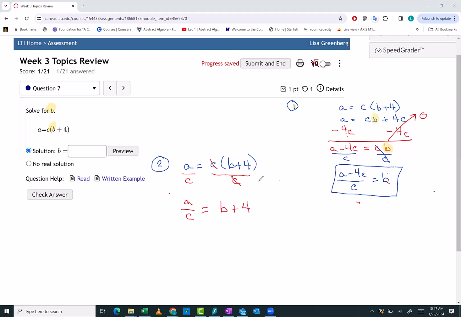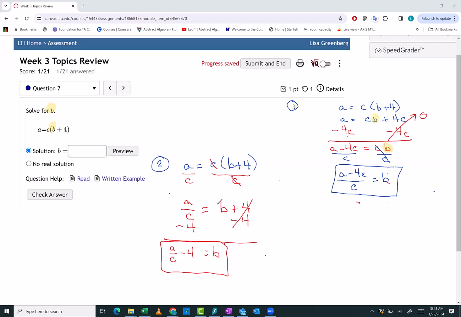Now we know what to do. We can subtract 4 from both sides. These 4's cancel. I get A over C minus 4 is equal to B. That's another solution.